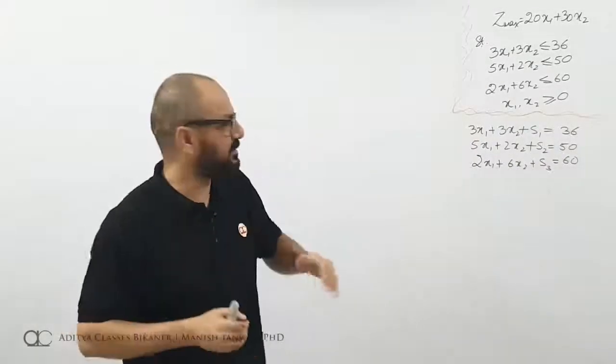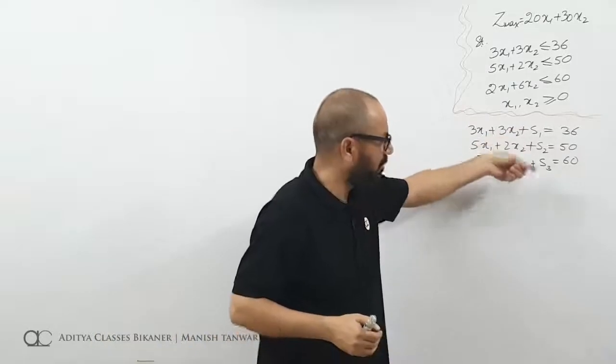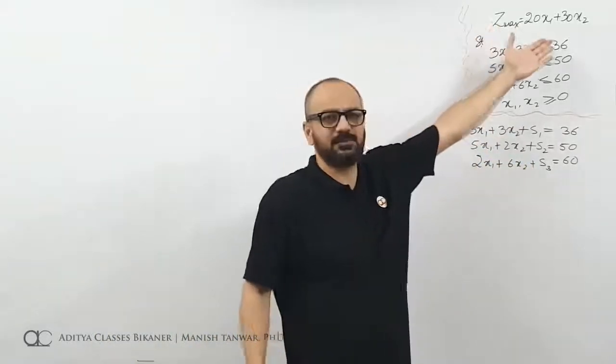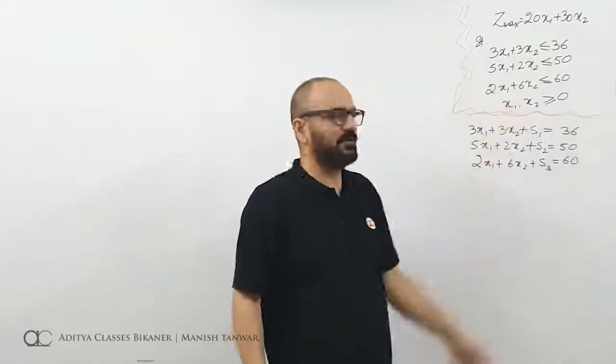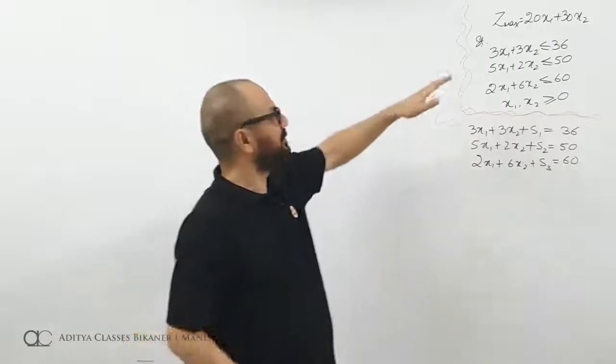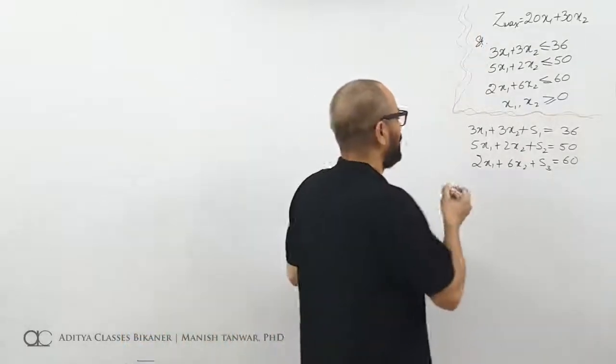The next step is incorporating all these new variables. We started our discussion with Z, x1 and x2. But now I have 3 more variables, s1, s2 and s3. So now I need to incorporate all these variables into Z also. How do we do that?